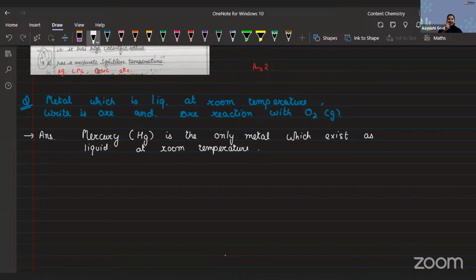If you know the symbol, also write the symbol as well. Don't write just mercury. Write a proper sentence so you can get the full marks and the full answer.